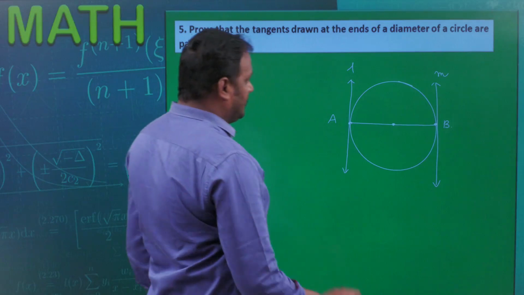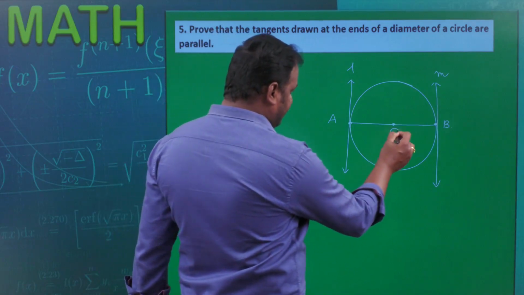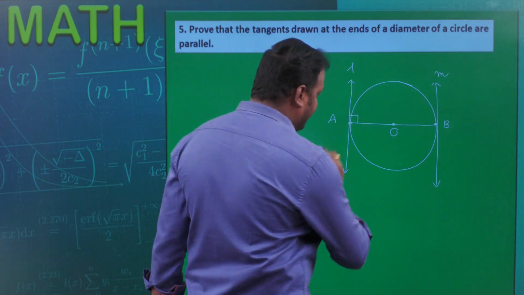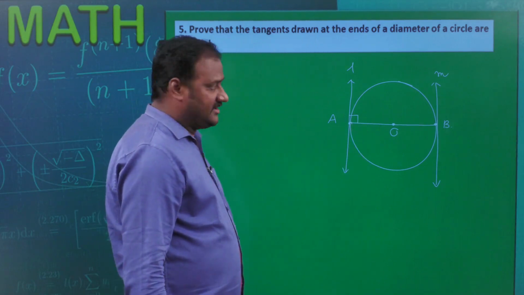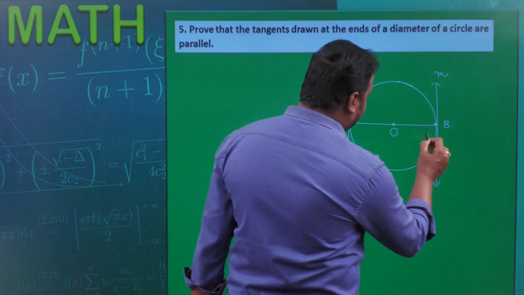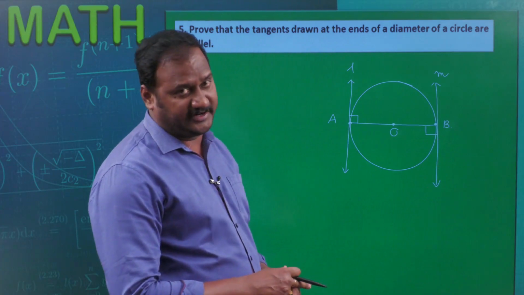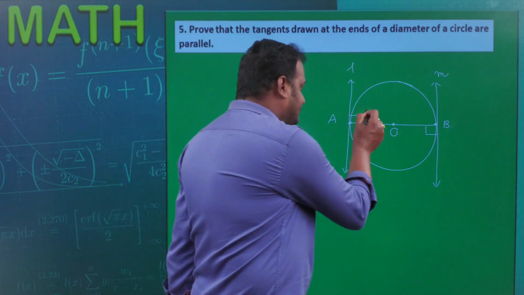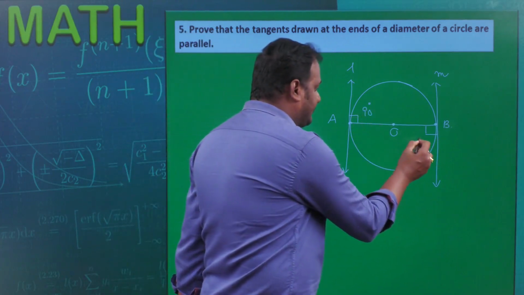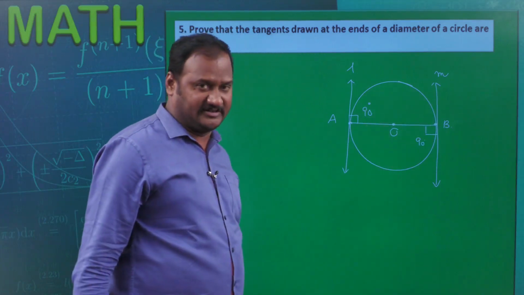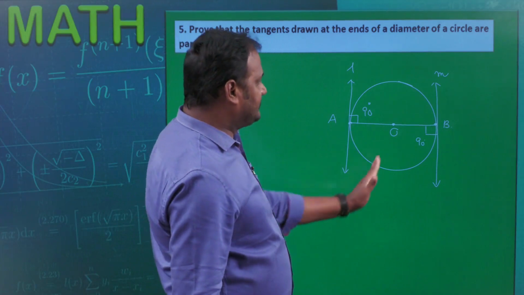For that, you know radius is perpendicular to the tangent through the point of contact. So what is the angle here? This angle is equal to 90 degrees. And what is this angle here? This angle is also equal to 90 degrees because radius is perpendicular to the tangent through the point of contact. So this angle is equal to 90 degrees, this angle is equal to 90 degrees. Can we call these two lines are parallel by the transversal AB? Absolutely. So therefore, L is parallel to M.